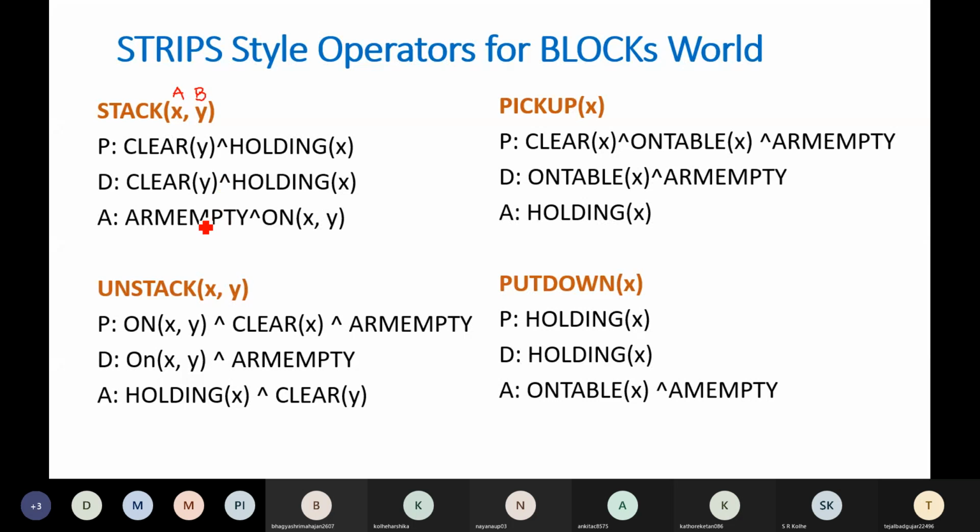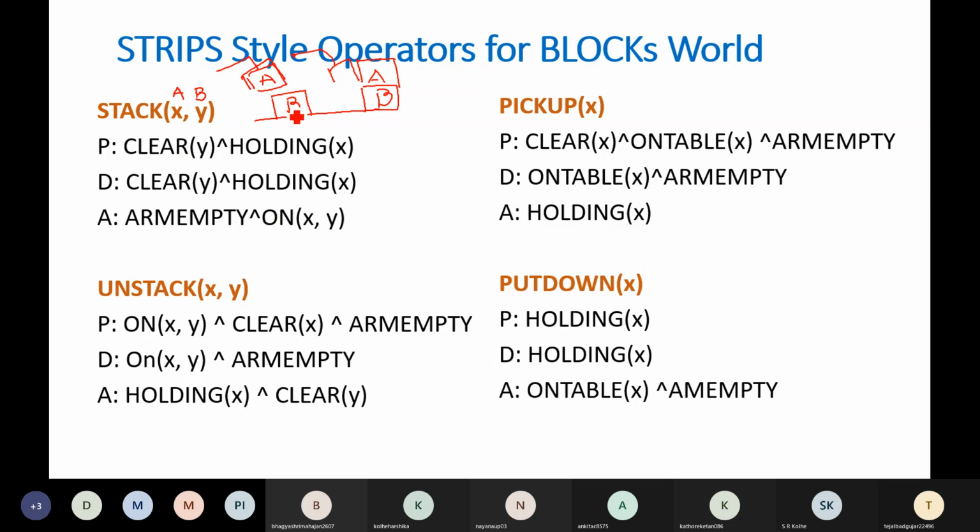Stack AB. So what will stack AB do? Stack AB will place block A on block B. To perform this operation, the robot arm should be holding block A. After performing this operation, the output will be block A is on block B and the arm will be empty.